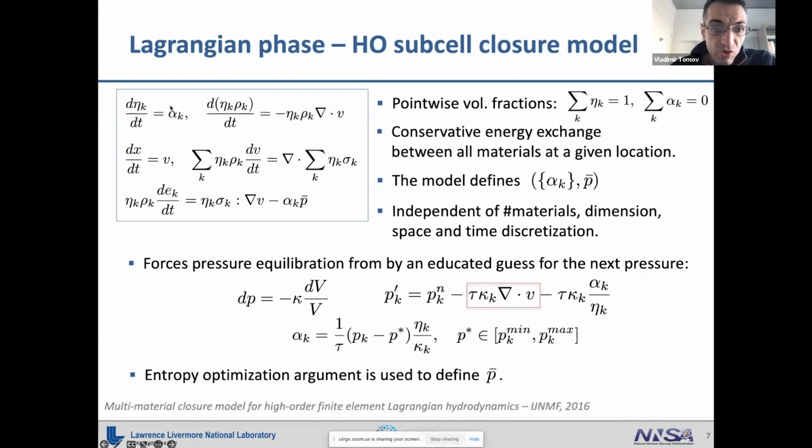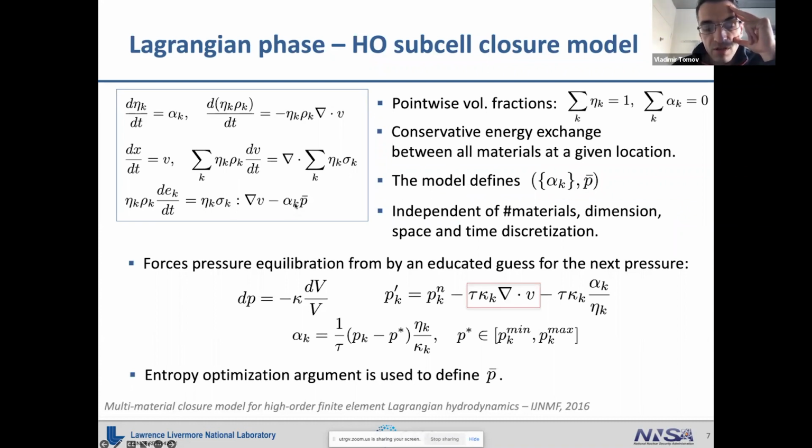So yes, the system changes. Now we have K, the material index, and eta K are pointwise volume fractions that sum to 1 at every point. Then there are material masses, the velocity stays. There is one velocity moving all materials, and the energies are duplicated. In the closure model, one must define how the volume fractions change accurately, and also this heating between materials.